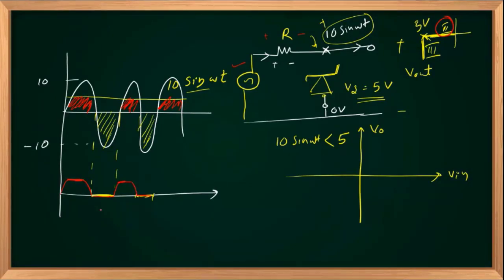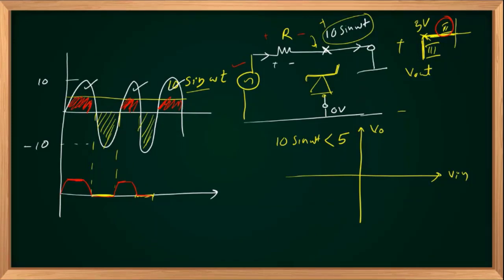And we should know what is happening if Vin goes beyond 5 volts. If Vin goes beyond 5 volts, this voltage will become more than 5 volts. That breaks down your diode in the reverse mode, with cathode positive, anode negative, 5 volts.